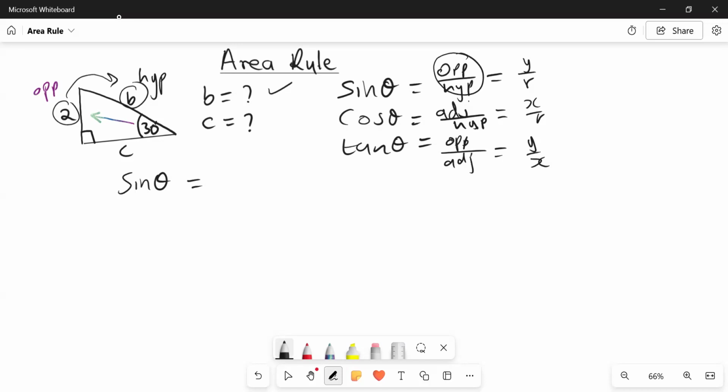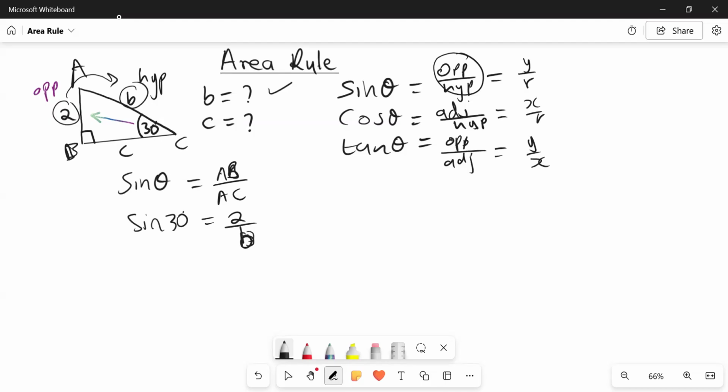opposite. Let's just say this is A, B, and C, for an example, right? So sine theta is equal to opposite, that's AB, over hypotenuse, that's AC, which is equal to sine 30 degrees, equivalent to 2, that's our opposite, over hypotenuse, that's B, right?